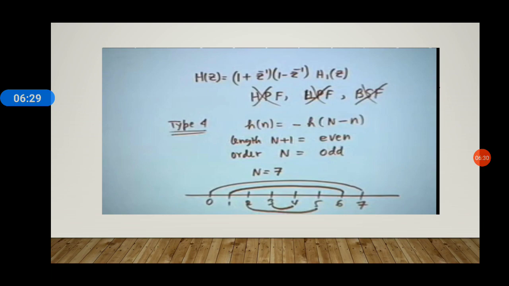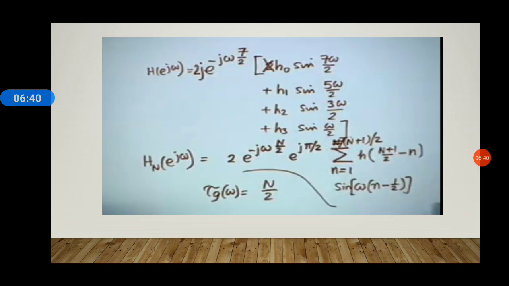Now type 4 is again an antisymmetric property, but the length is even, that is order N is odd. So here also we can write H(e to the power j omega). This is the particular equation, and the general equation is written here.